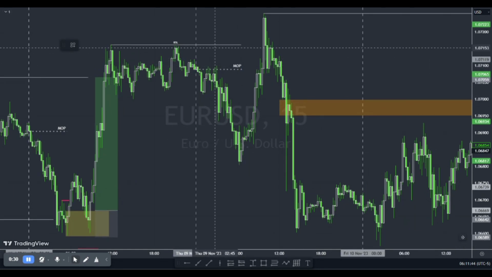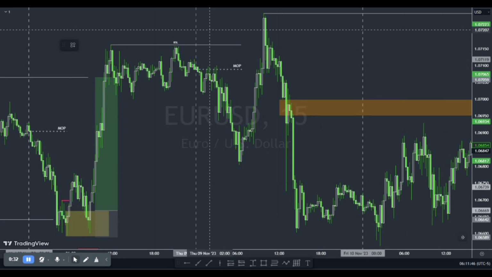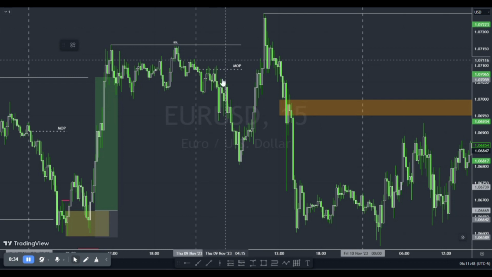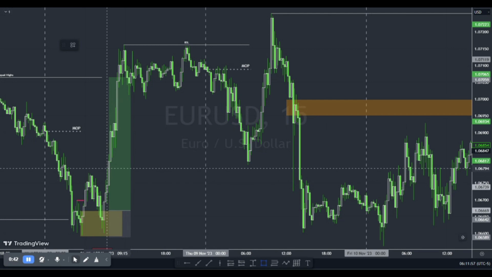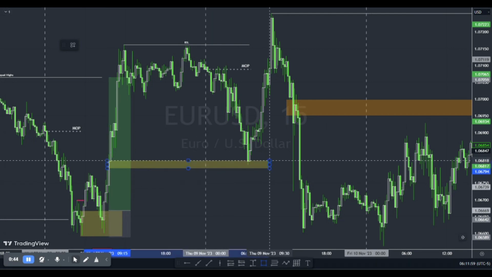We got to the normal 2 to 5 p.m. London session. You can see you have taken a quick scalp, but you see price react from the fair value gap right here. Go into your charts, you see this clearly.